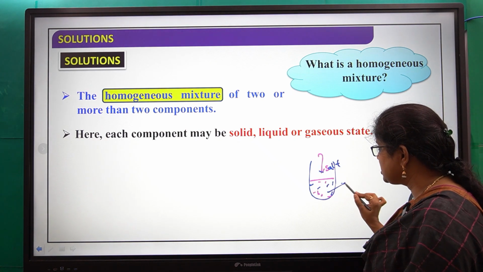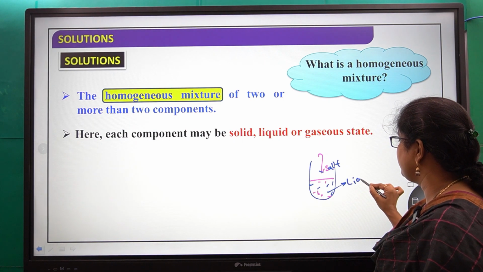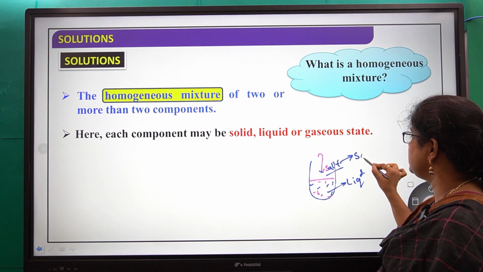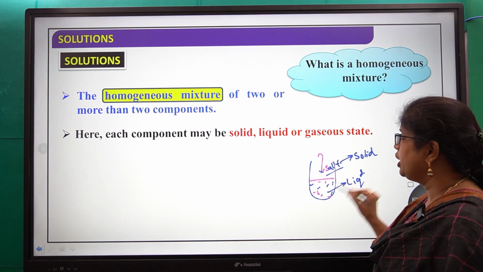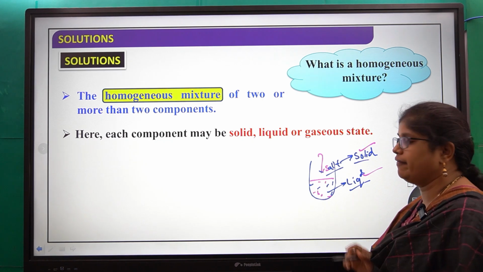What is the physical state of water? Liquid. Next, what is the physical state of salt? It is in solid state. So here each component may be solid or liquid.